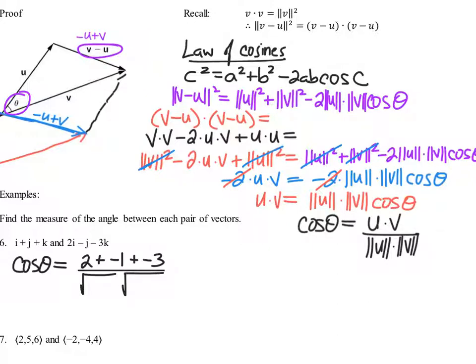We're going to have 2 of those. 1 squared plus 1 squared plus 1 squared is 3, so the square root of 3. 2 squared is 4, 1 squared is 1, plus 4 is 5. And then 9 squared, so 9 plus 5 is 14.